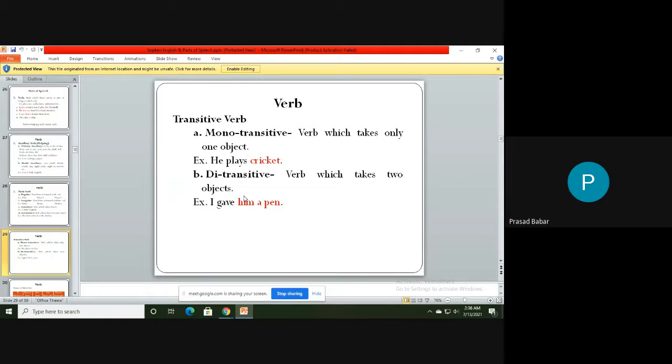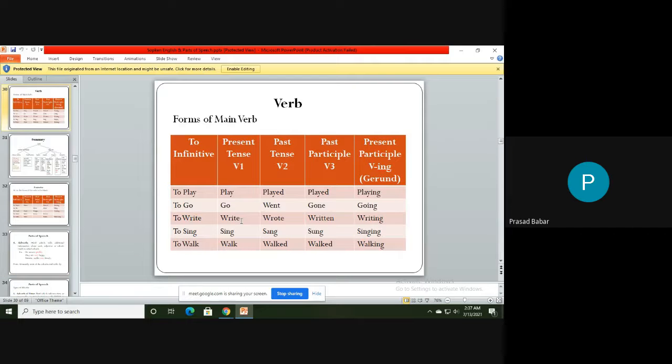So in this sentence, after the verb, there come two objects, one direct object and second indirect object, and that is why we call this type of verb a ditransitive verb. So come to the next slide then.